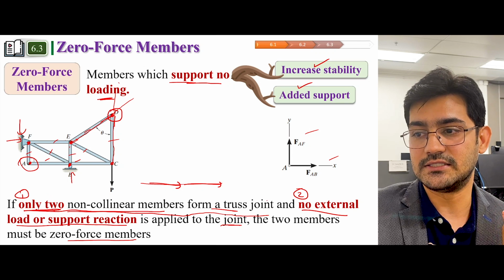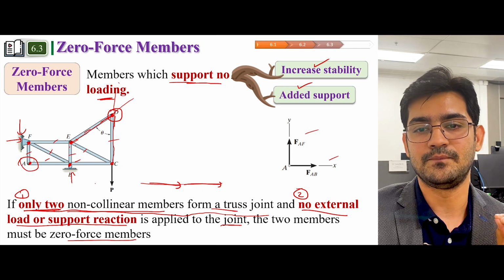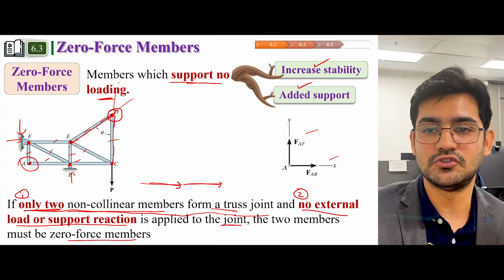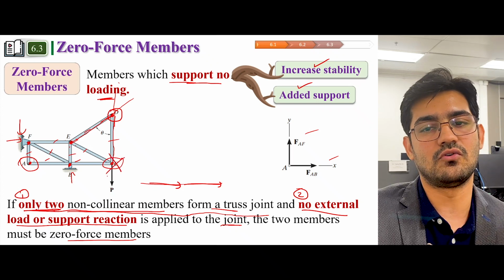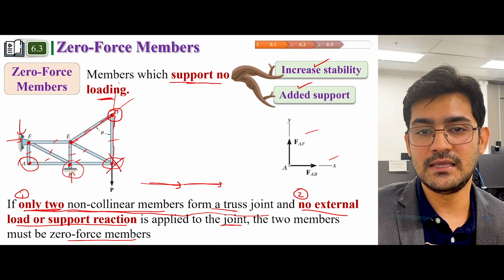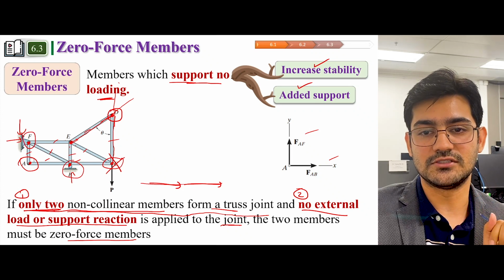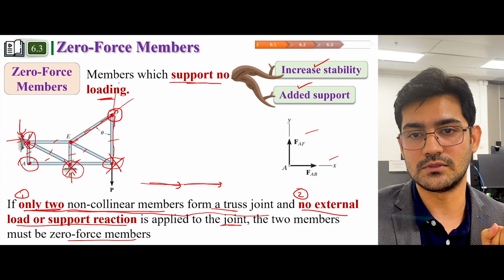Now, what is the second condition? The second condition is that no external load or support reaction is applied. Joint C has this external load P, so it does not qualify. Joints B and F have support reactions, a roller support and a pin support, so they also don't count.